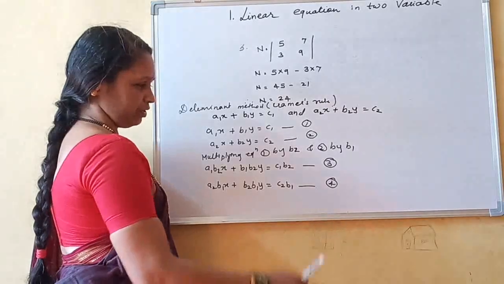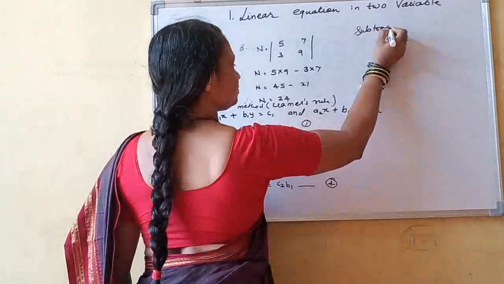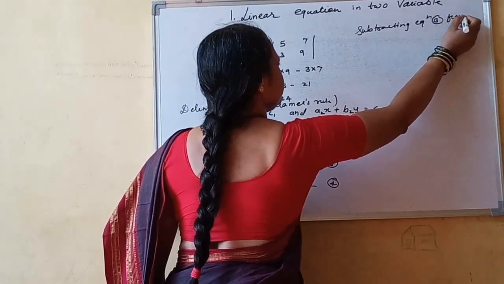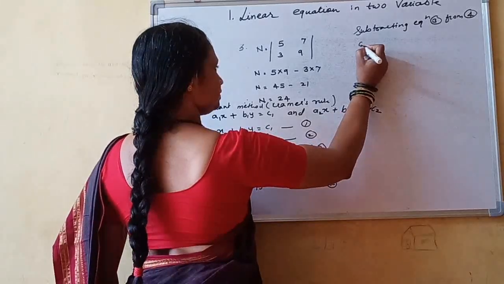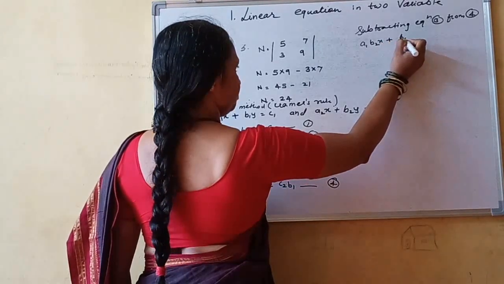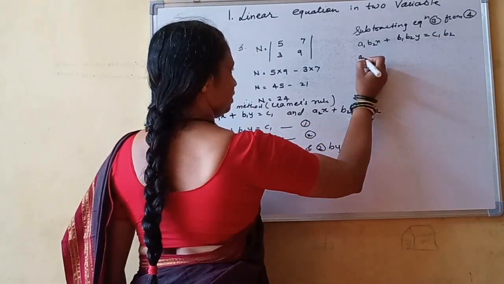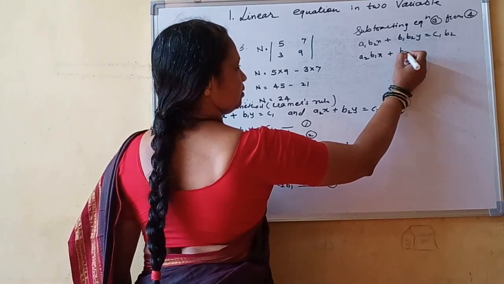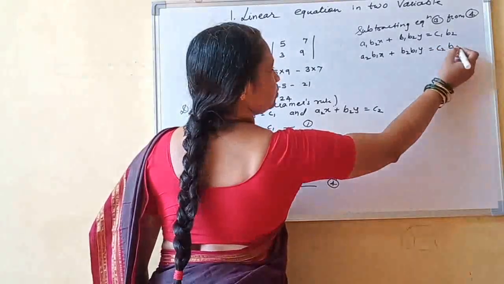Now subtract equation 3 from 4. Subtracting equation 3 from 4, it will be a1 b2 x plus b1 b2 y is equal to c1 b2, minus a2 b1 x plus b2 b1 y is equal to c2 b1.